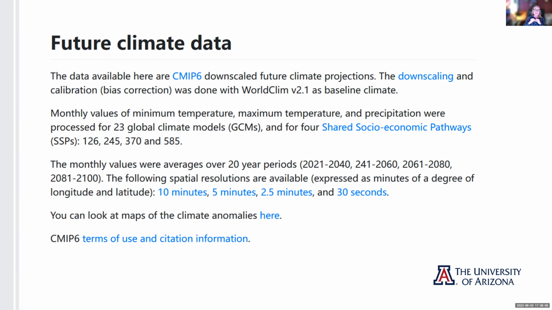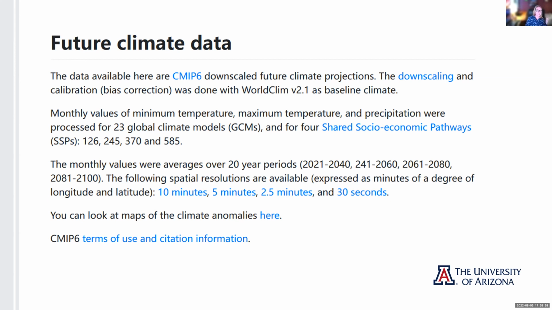WorldClim utilizes simulation data processed or produced by downscaling a selection of 23 of those global climate models, or GCMs, from CMIP6. This project used 5 of the 23 GCMs, mostly because of computing power limitations, and evaluated climate change projections over 4 time intervals.